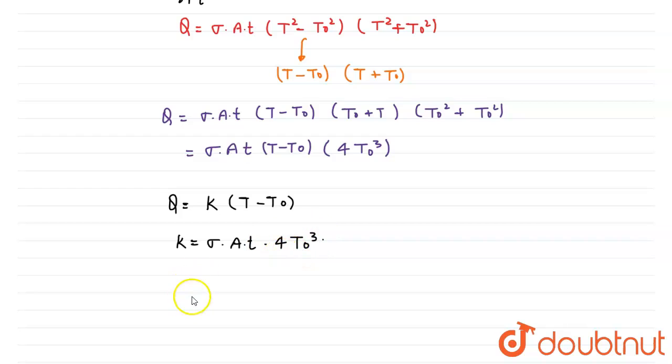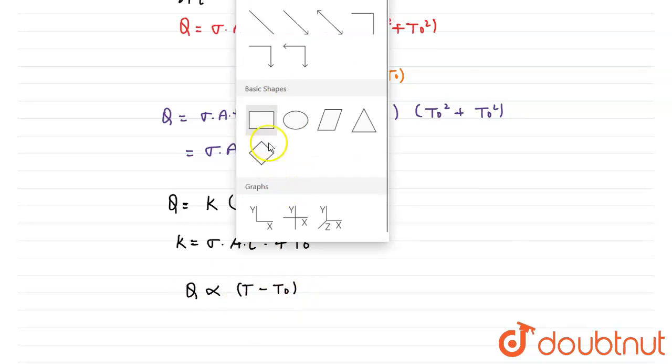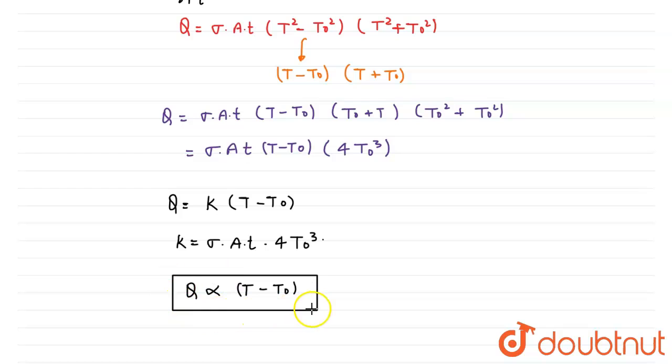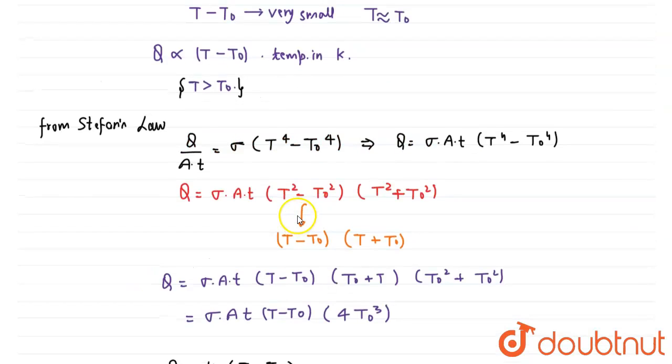This is a constant, so we can write Q is directly proportional to T minus T naught, and this is the statement of Newton's law of cooling. Okay, and I proved this law through the Stefan-Boltzmann law.